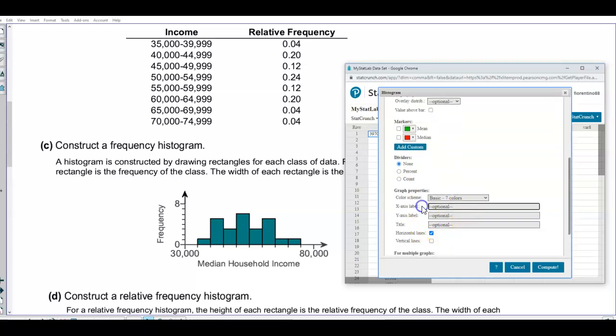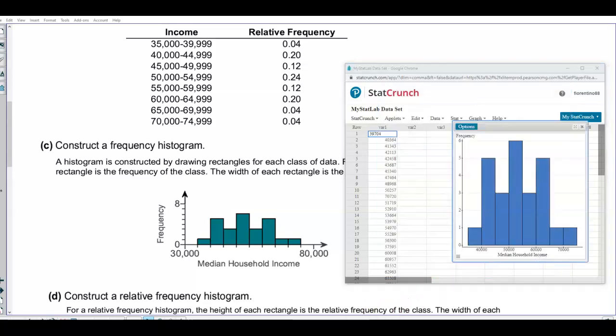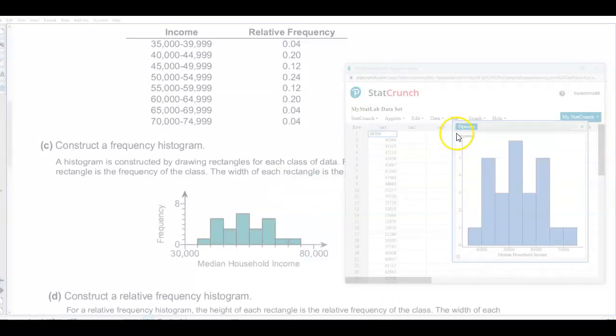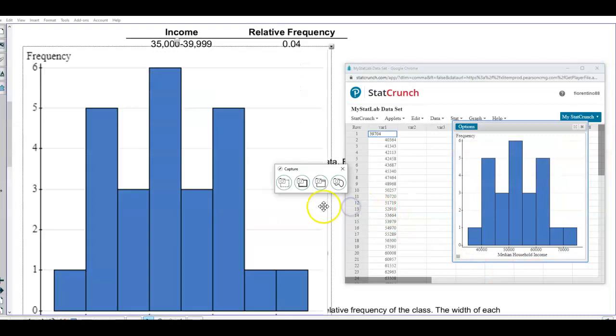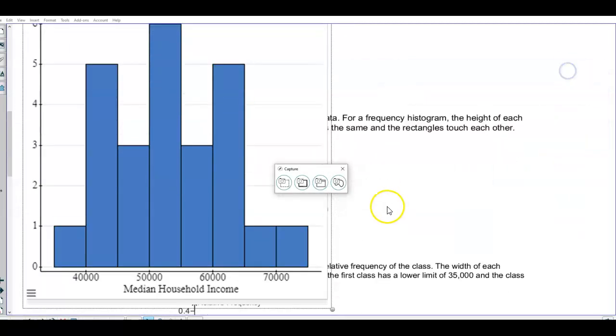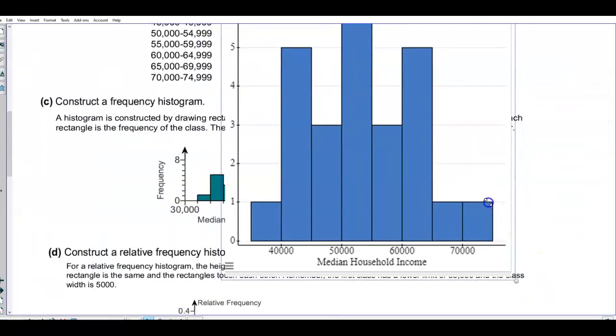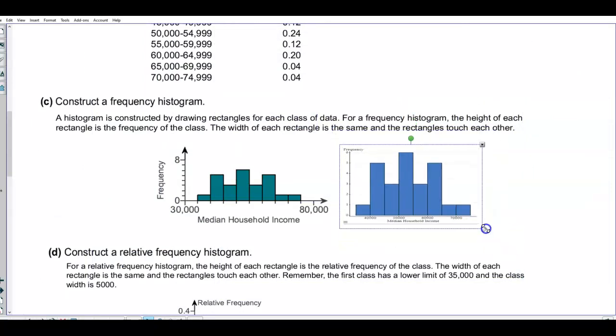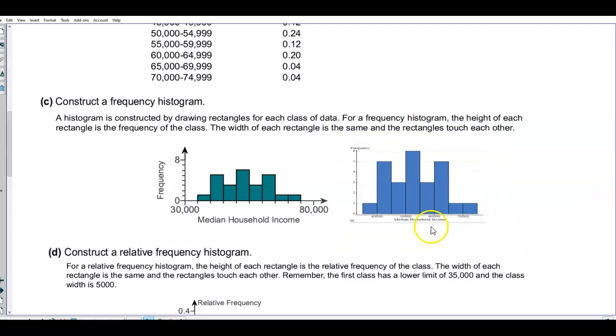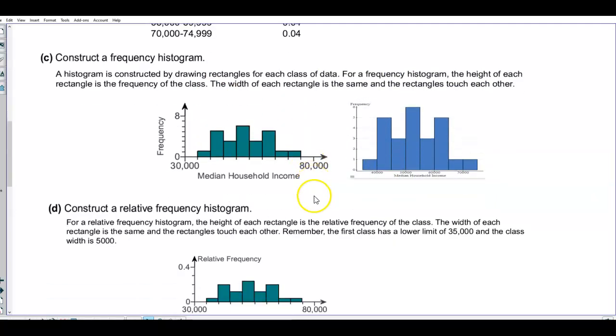We're going to call the x-axis median household income, and then select Compute. If we compare that to what we have here, that is correct. So there is our frequency histogram.